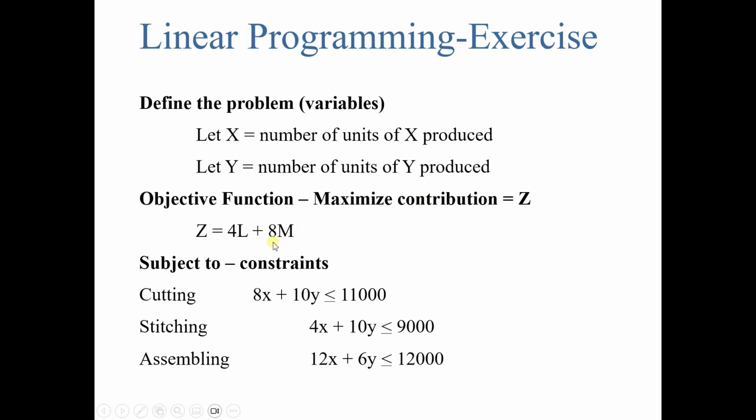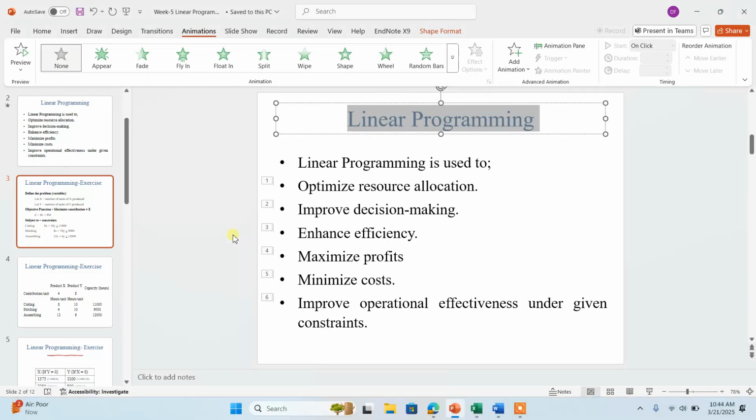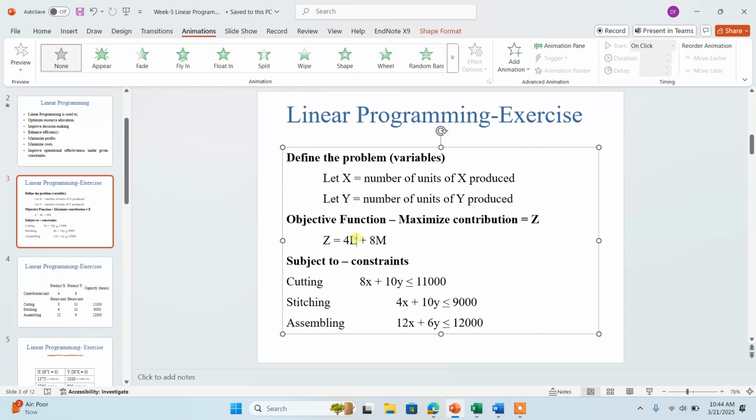So if I am supposed to produce the two products, I need to calculate how much L should I produce and how much M should I produce. Or like in this example, we can say X and Y. 4 means that 1 unit of X, let me make it X, and this one let me make it Y.